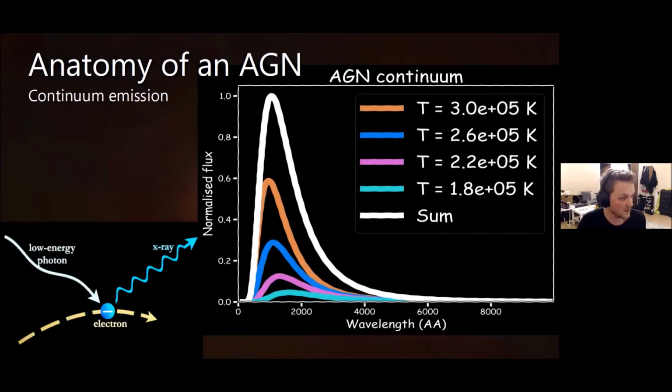For the continuum, this is just a mock spectrum, but imagine if you have a disk. I don't know how familiar you are with black body radiation, but basically everything that has a temperature emits light of some sort. Our skin, my cheeks are very red now, so they would probably emit quite a bit of infrared radiation.